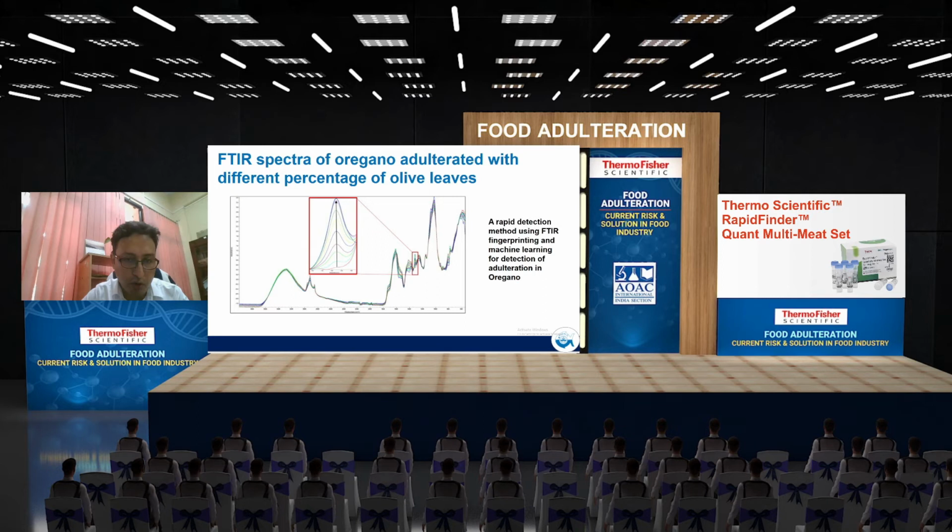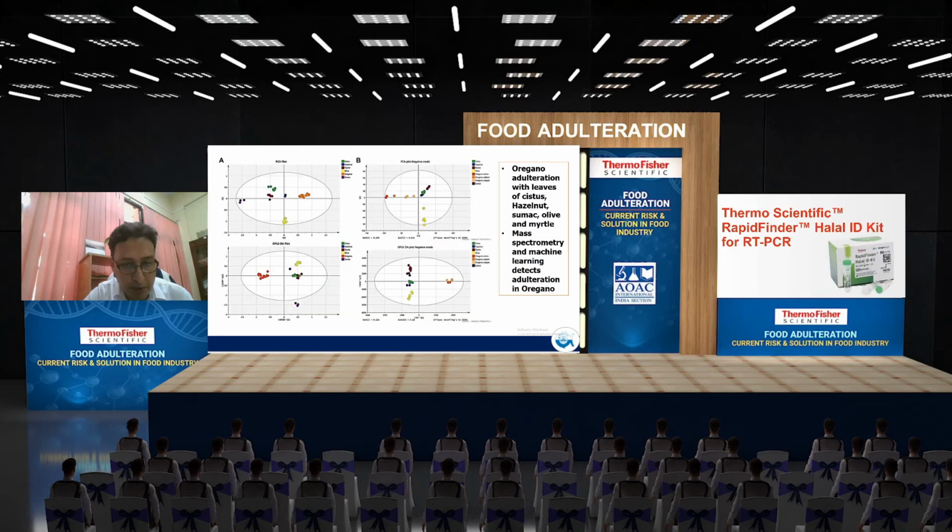These are the models which clearly could differentiate between adulterated and unadulterated oregano, or oregano adulterated with different bulking leaves like hazelnut, sumac, olive, maple, etc. This was a spectrometry-based approach. Can I have the next slide, please?